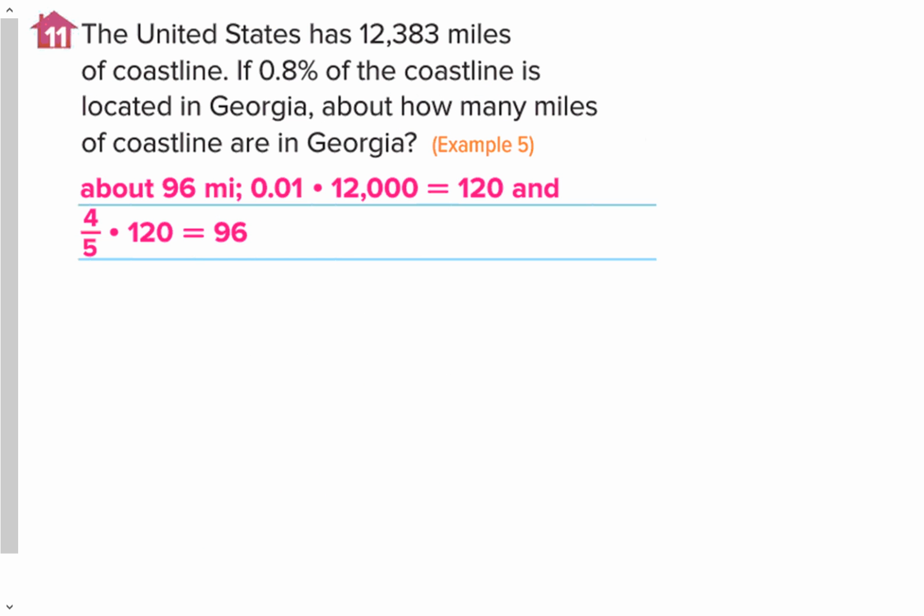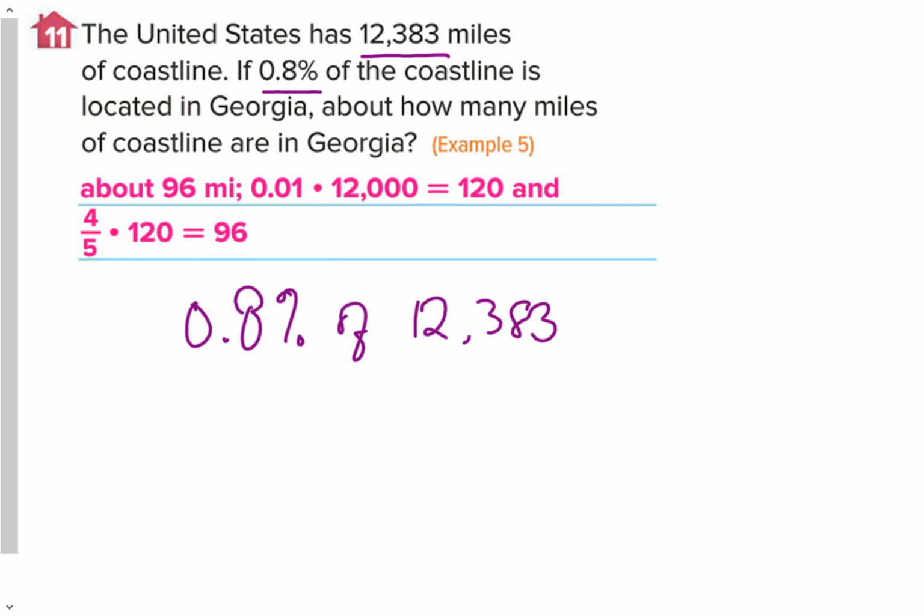And here's the last one. The United States has 12,383 miles of coastline. If 0.8% of the coastline is located in Georgia, about how many miles of the coastline are in Georgia? So we originally want 0.8% of 12,383.